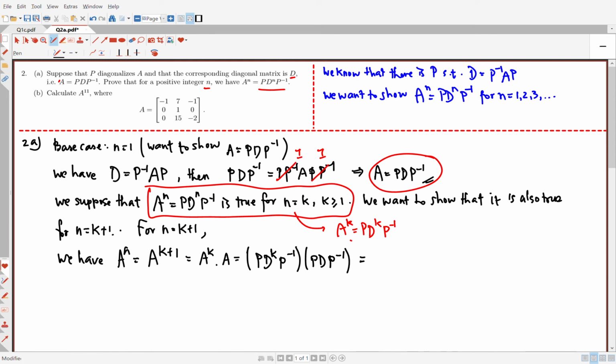By using the property of matrix multiplication, I can multiply these two first. This is just P inverse times P, so this is I. So I'm left with P D to the power of k D P to the power of minus 1.